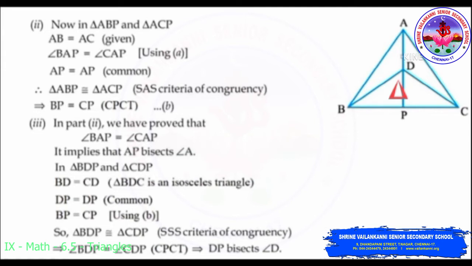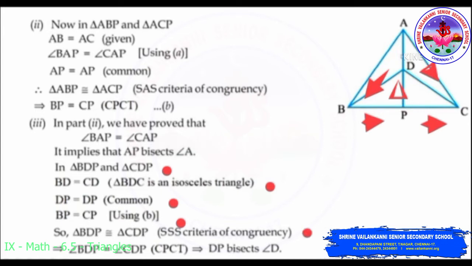So let us consider triangle BDP and triangle CDP. So in BDP and CDP, we find that DB and DC are equal sides because of isosceles triangle, and DP is a common side. And the third one, BP is equal to CP by the previous subdivision. So we got three sides of both the triangles are equal.